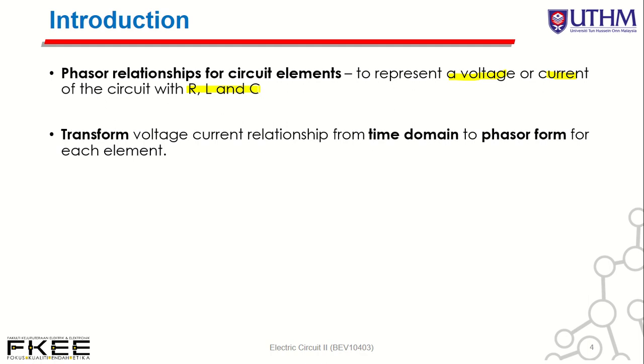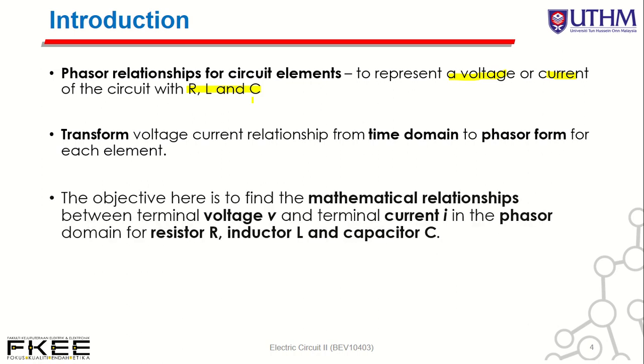Next, we transform the voltage-current relationship from the time domain to phasor form for each element, and at the end transform from phasor form back to the time domain, for R, L and C: R is the resistor, L the inductor and C the capacitor.